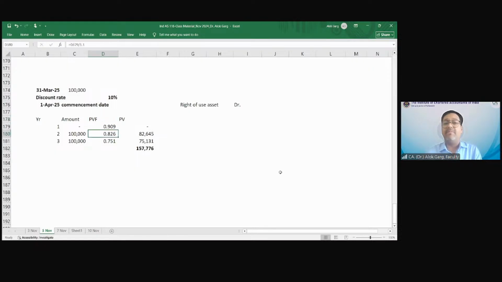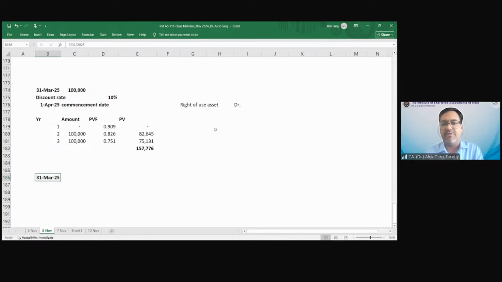Guys, this is one of the simplest questions, right? Now tell me, 157 is the present value of future lease payment, and 1 lakh rupee has been paid on 31st March 25. Tell me the journal entries for that. What will be the entry on 31st March 25? Brother, advance rent was given, tell me the accounting entry.